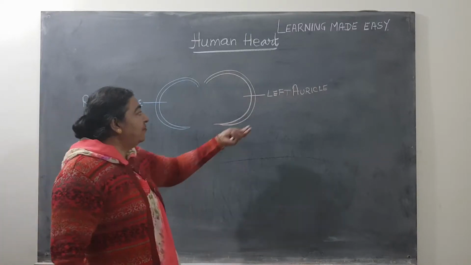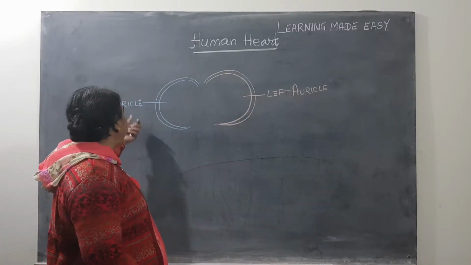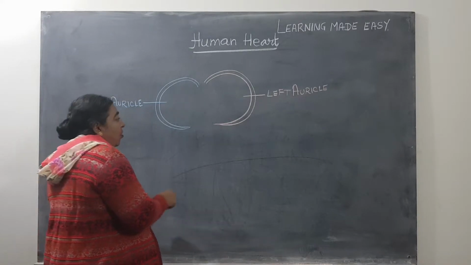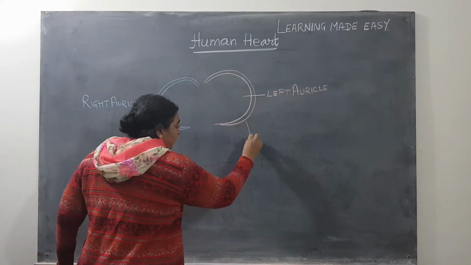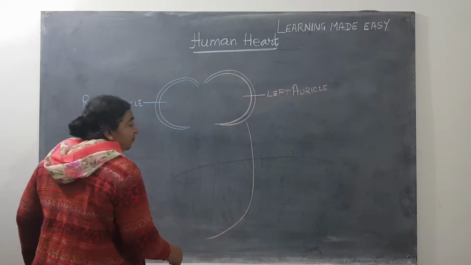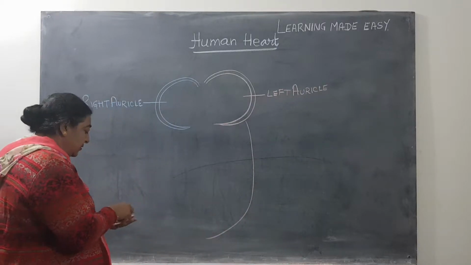So we have left auricle and right auricle. On the lower end we have the ventricles.